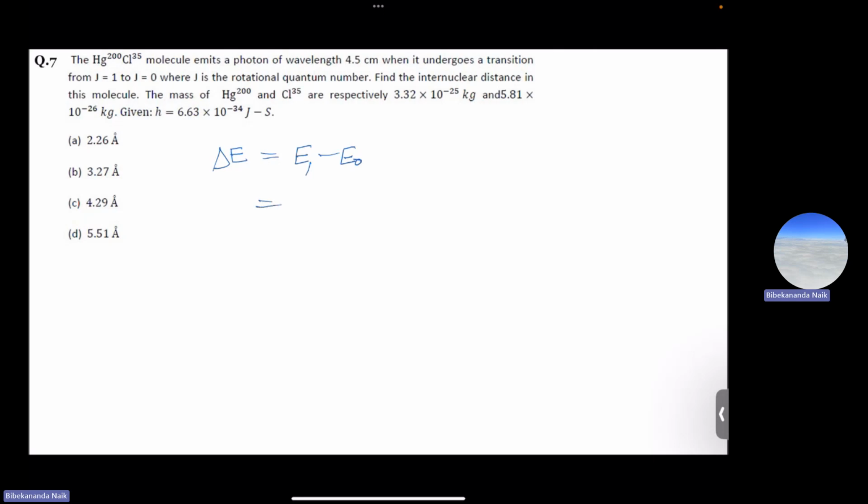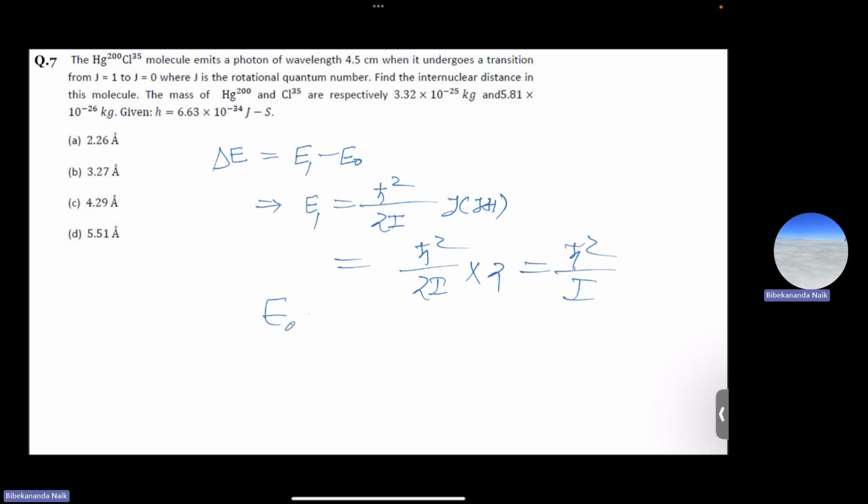Now E1 is h cross square by 2I into J into J plus 1, which is h cross square by 2I into 2, that is h cross square by I. E0 is again 0. So delta E is E1 minus E0, which equals h cross square by I, that is h square divided by 8 pi square I.